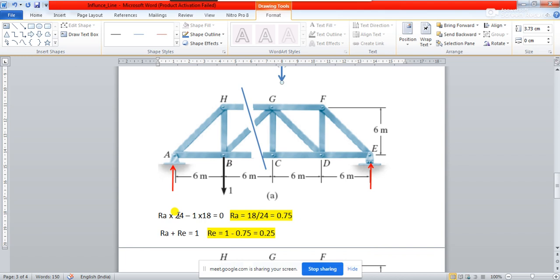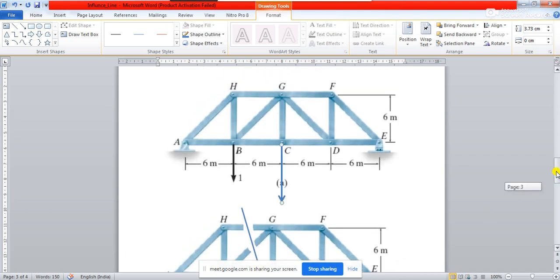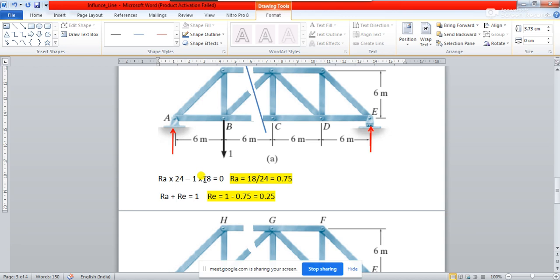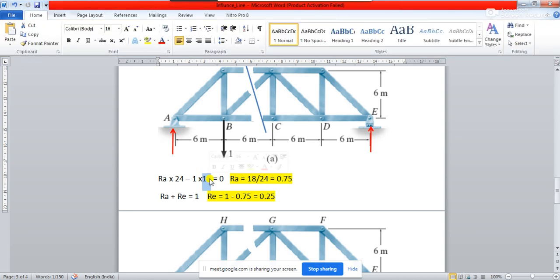We will take the moment about E only. So RA into 24 minus 1 into 12. Yes, very good. Only the change will happen over here, so 1 into 12 will come into the picture.